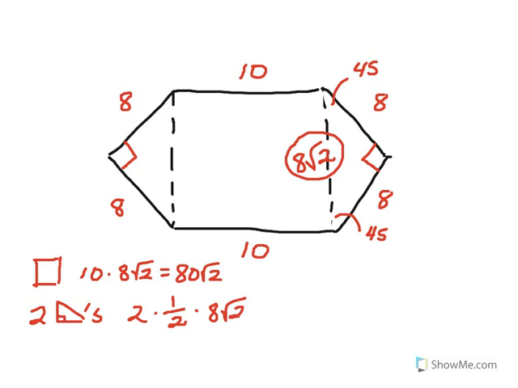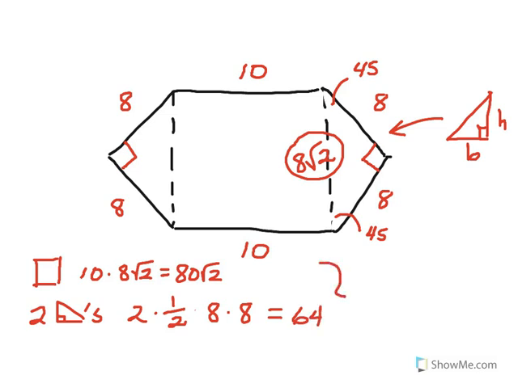Oh, I'm sorry, a base of 8 and a height of 8, because if I took this around and spun it and looked at it like so, in any right triangle the base and height can be measured like this. So I've got the base of 8 and the height of 8. So that's 8 times 8, or 64.